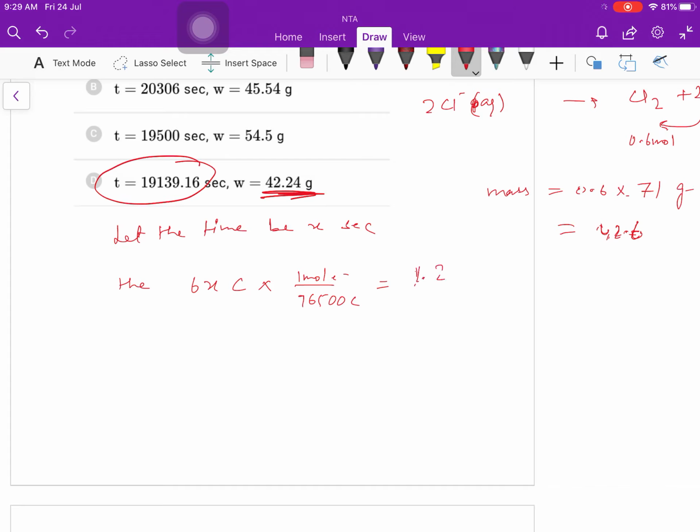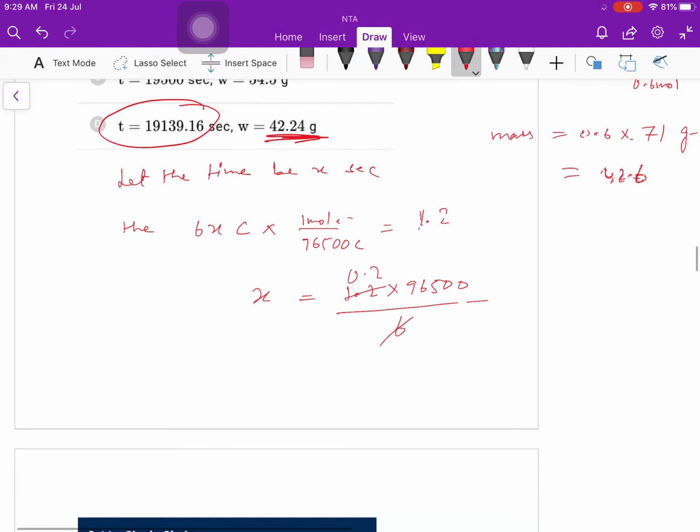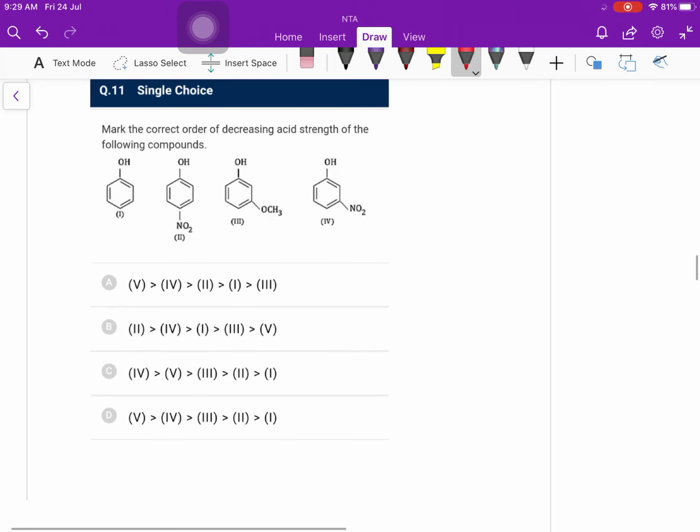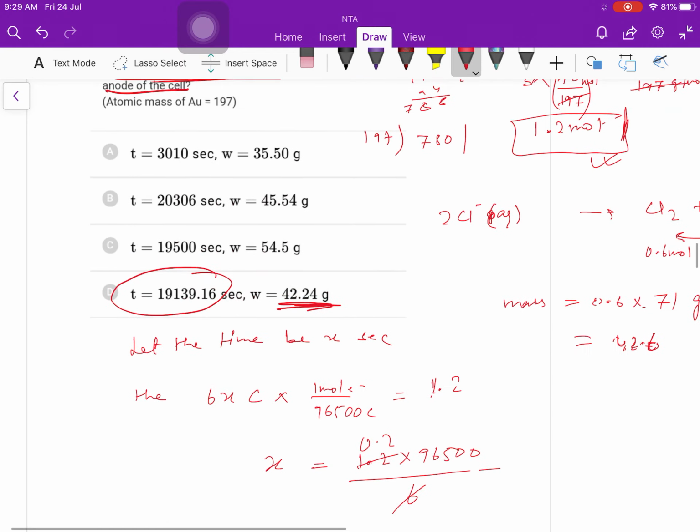So solving from here, you can calculate x. This is 1.2 into 96500 upon 6. You can solve it. But the answer can be marked only with the help of Cl2, so this is the correct answer, D.